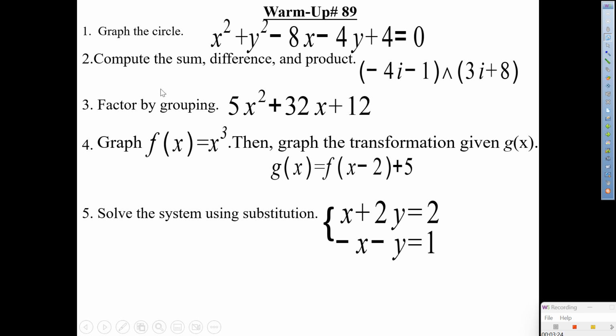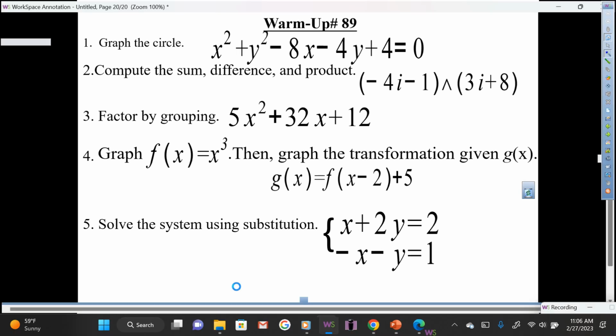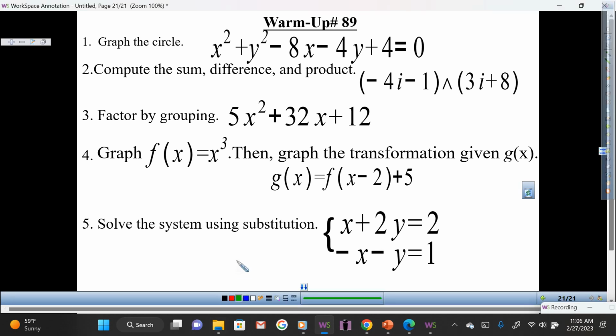They're asking for the sum, difference, and product of those binomials. So what did you get for the sum, which means addition? Sum, what you get, Anaya, for those two. What was that again? I'm sorry. 7 minus i. That is correct.